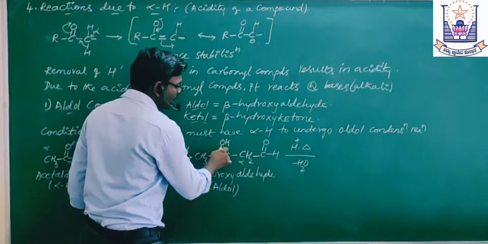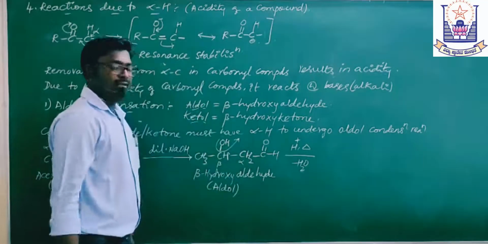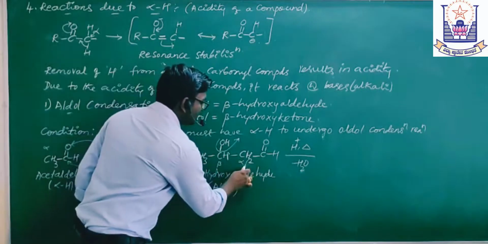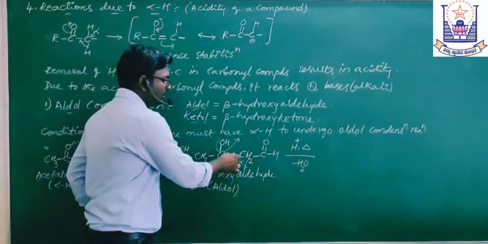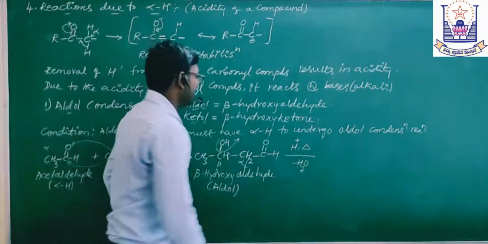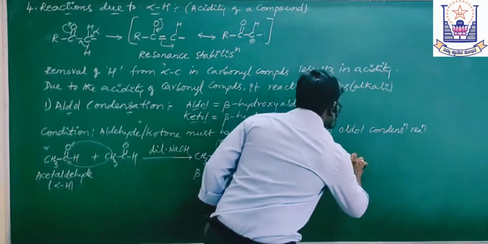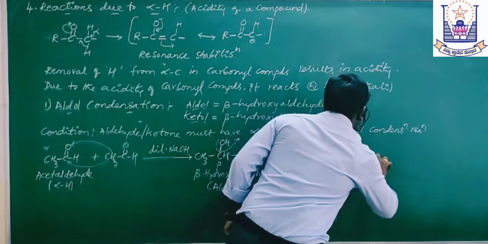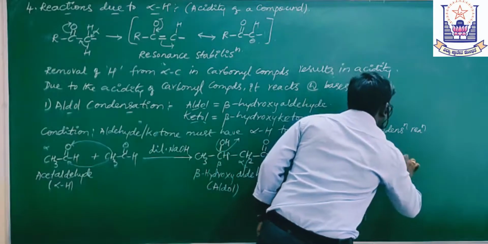From this, OH minus comes out, and from this, H plus comes out. So during an elimination reaction, a double bond forms here, that is CH3, CH double bond CH, C double bond O, H.